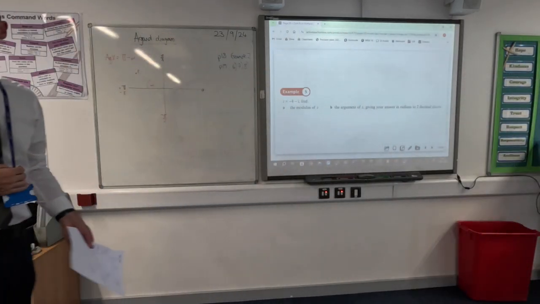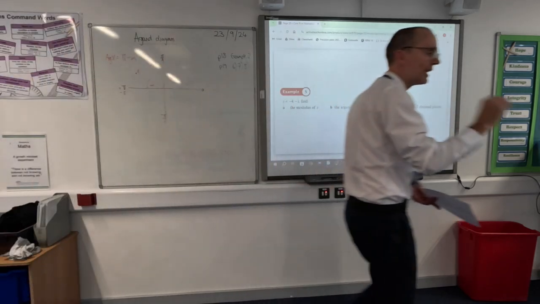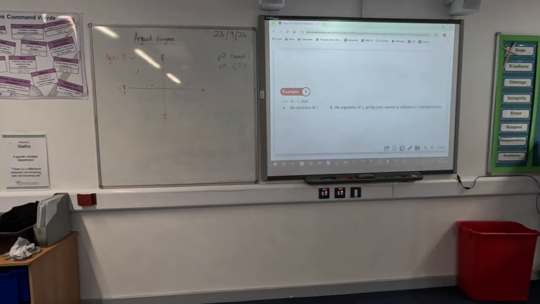See if you can find the modulus and argument. So that's just like we did at the beginning of this bit with Pythagoras and shift tan. But we've got to work in radians, and then we've got to do the whole pi minus or whatever thing.